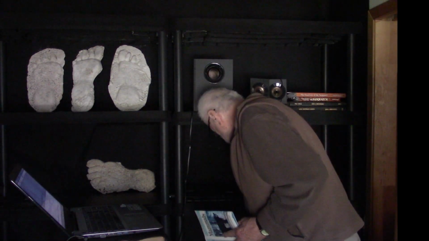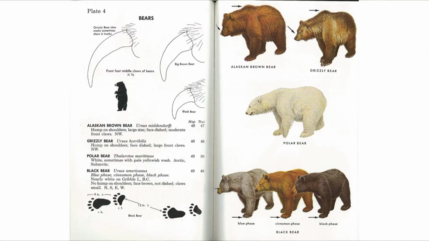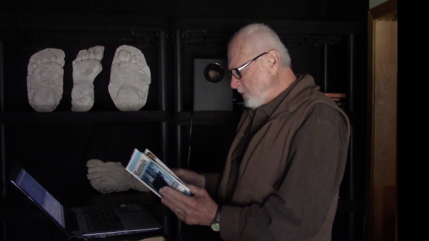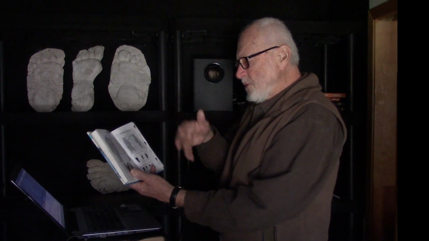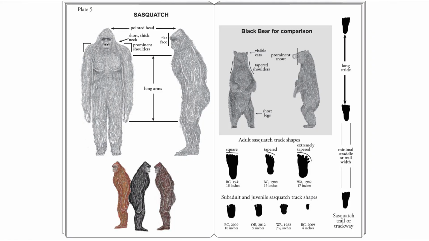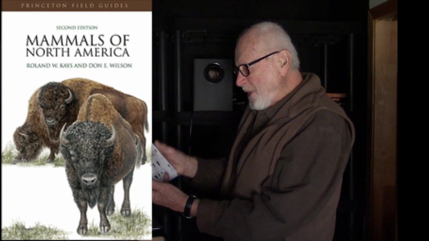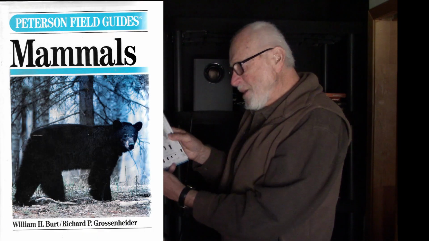So let me suggest what could happen, and what I'm suggesting should and must happen, is that we have this very nice bear page. What we need next to it is this proposed Sasquatch entry, not in a Sasquatch book, but in a North American mammal book.